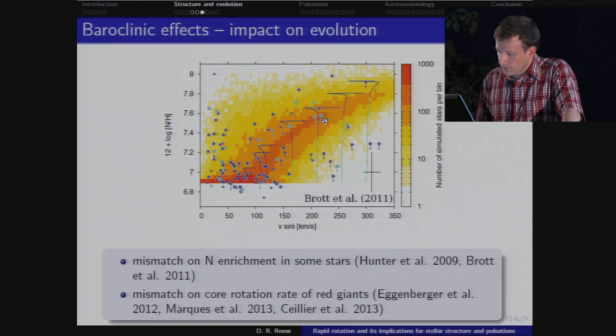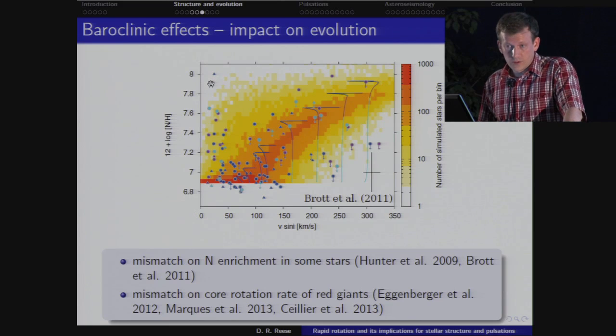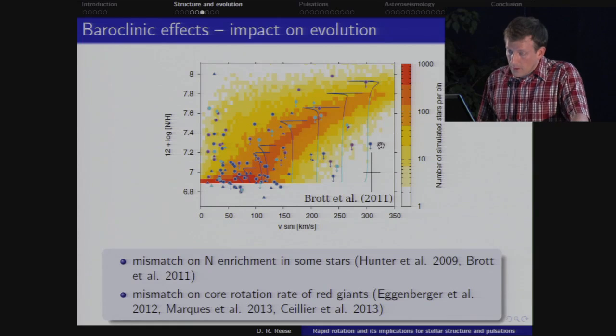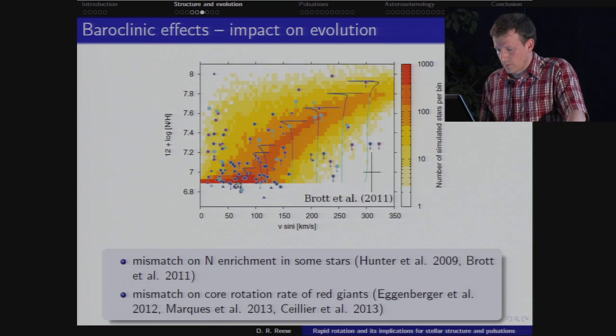That means that the models tend to fall along here, as is illustrated by this density scale. However, the observations show that there's a significant number of slowly rotating stars which are enriched in nitrogen. And then there's also a significant number of stars which are rotating rapidly but are not enriched in nitrogen. So this is a challenge for theoretical models.